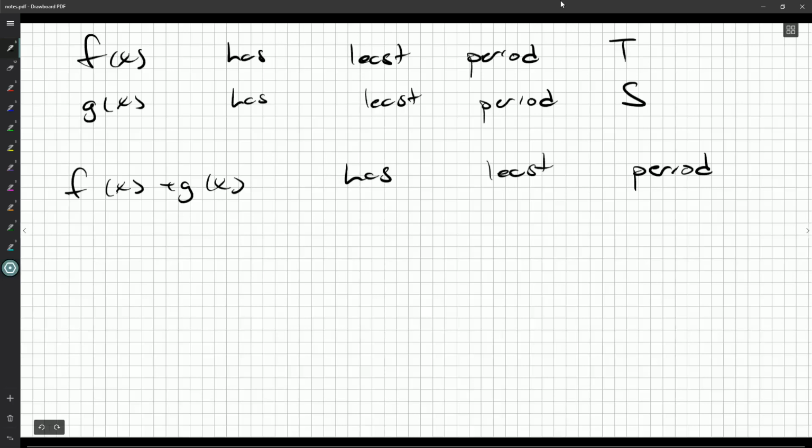So, has a least period of, let's call it u, if there are integers.